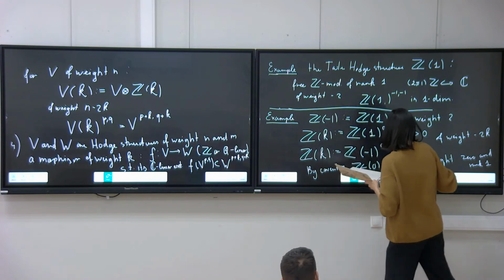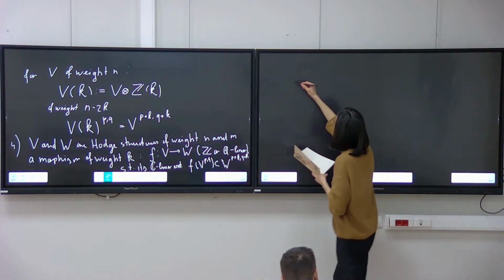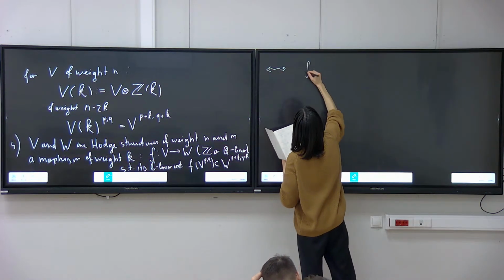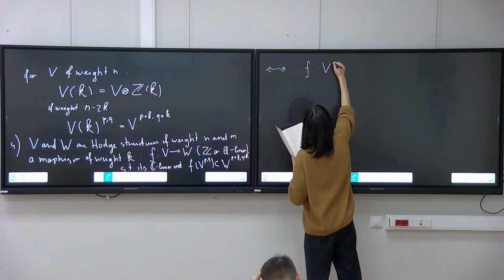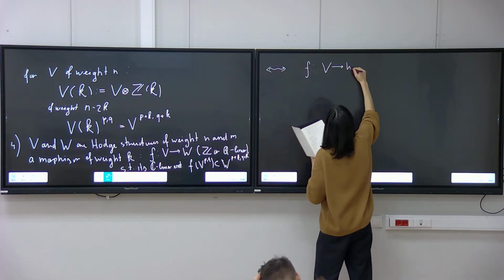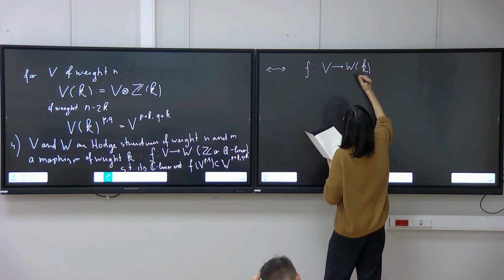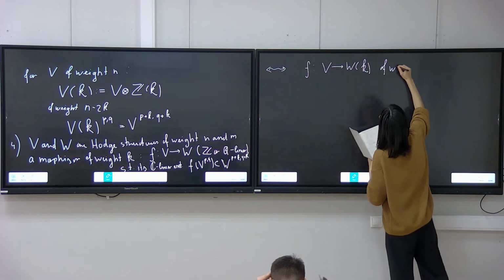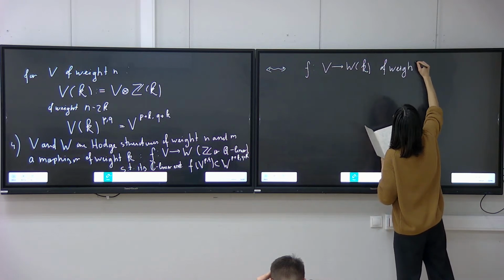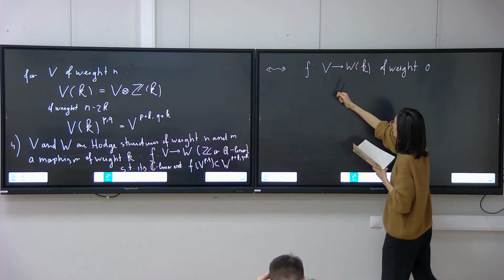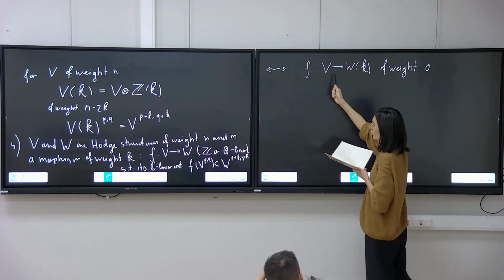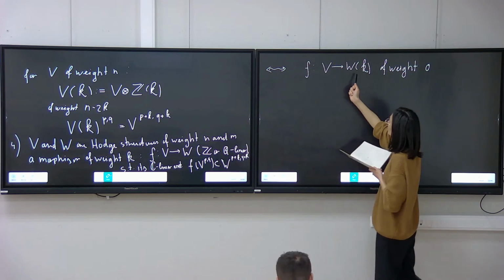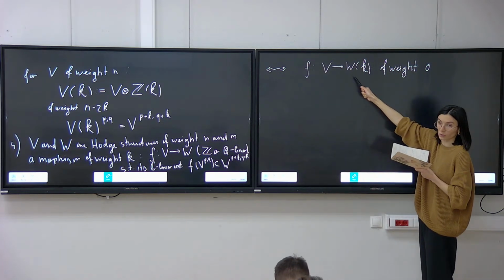or equivalently, this is a morphism of weight 0, or just the usual notion of morphisms between two Hodge structures, but here we need to consider the twisted Hodge structure W(k).